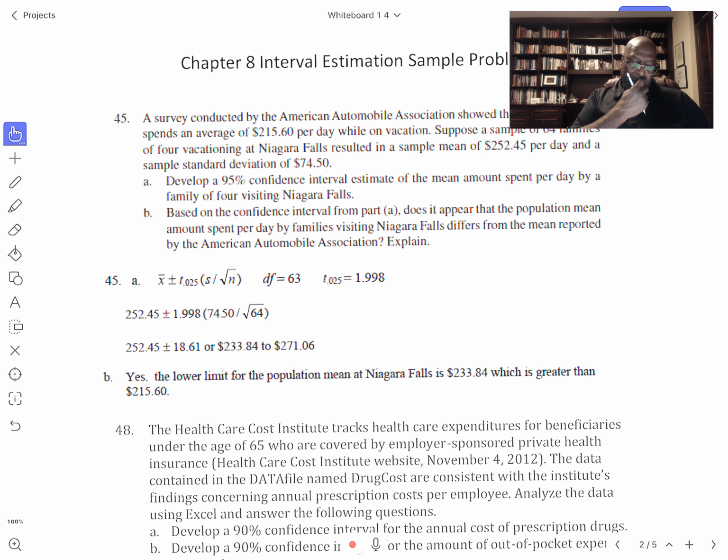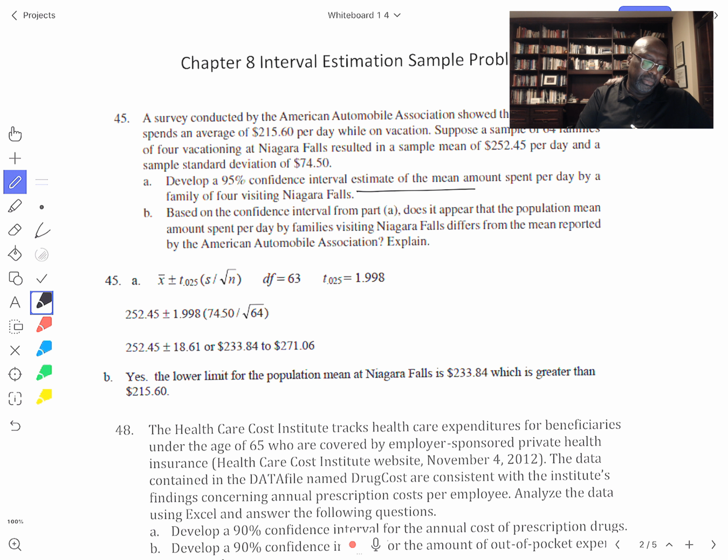All right. So we do want a confidence interval estimate of the mean. We know that part. And we have 2 choices. We could have either x bar plus or minus z sigma over the square root of n, or x bar plus or minus t alpha over 2 with degrees of freedom, s over the square root of n.